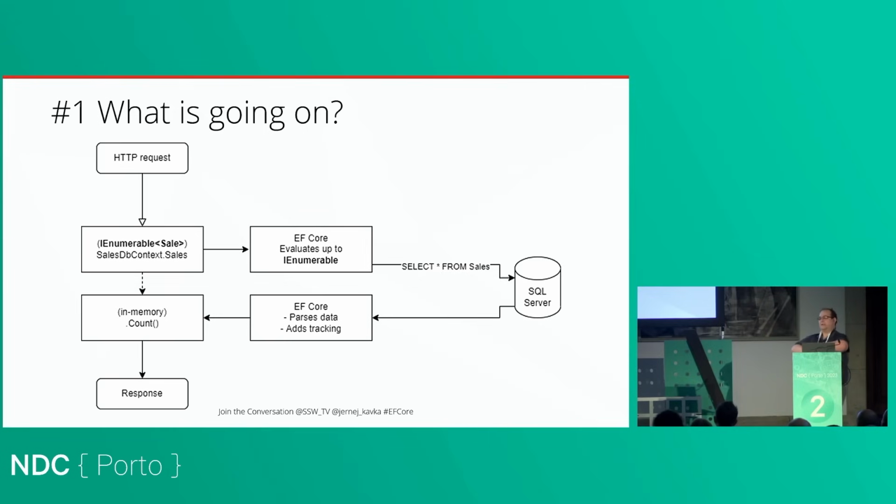That means it will get all 7 million records with all of the columns from the database. Then it's going to pass all of the data in its full glory, only to check how many of them are there. And then it's going to dispose all of the data, never actually looking into it.